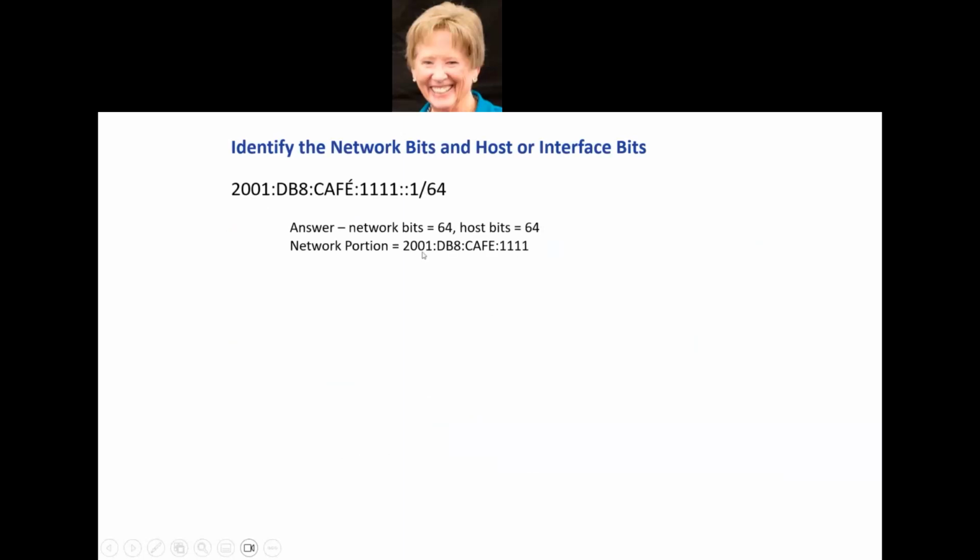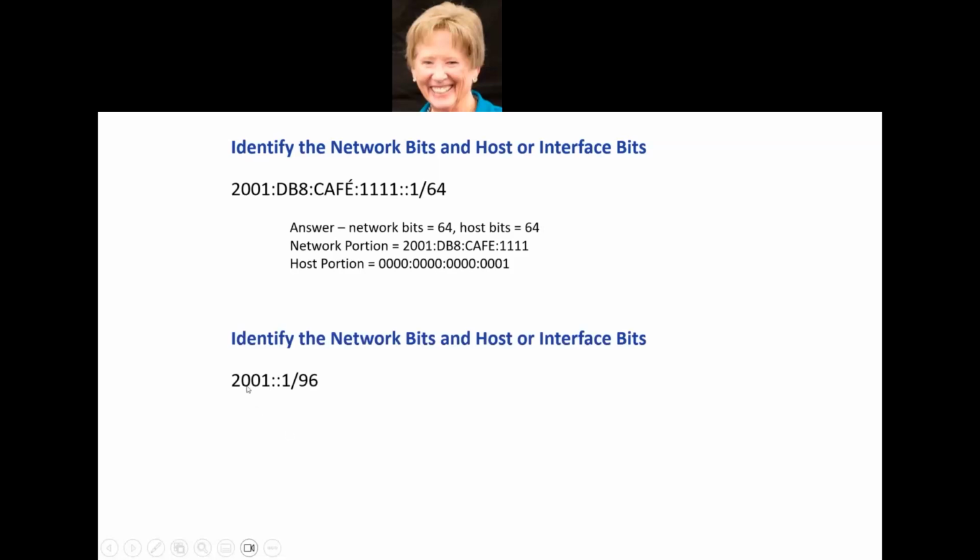The network portion is the first 4 hextets. The host portion, if we bring out all those, the double colon that identifies contiguous hextets of 0, that's the host portion.